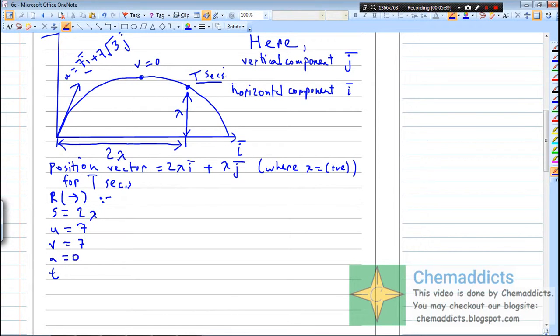Acceleration would be 0 since there is no external force in the horizontal direction.